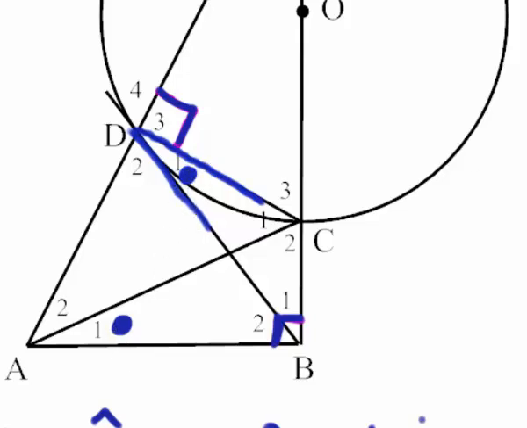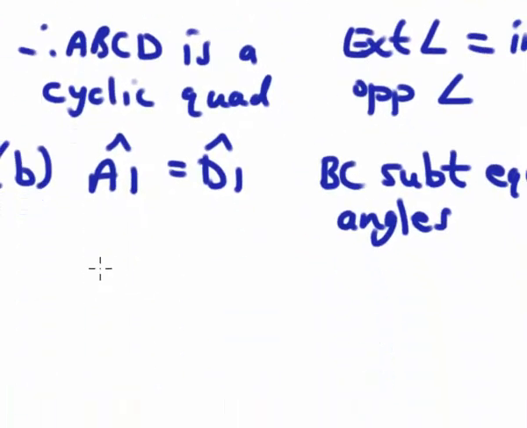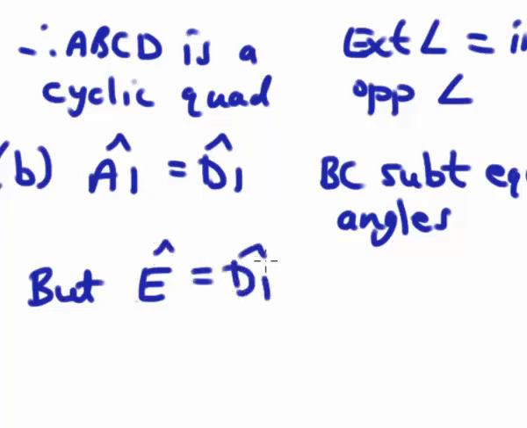So A1 is D1. But then D1 is equal to E. But we know that angle E is equal to D1 as well, and that is the tan chord theorem.